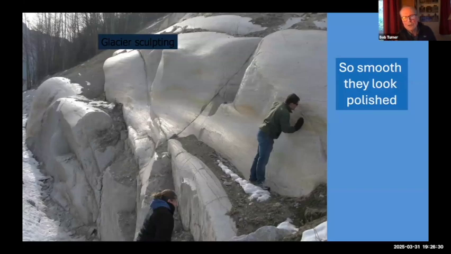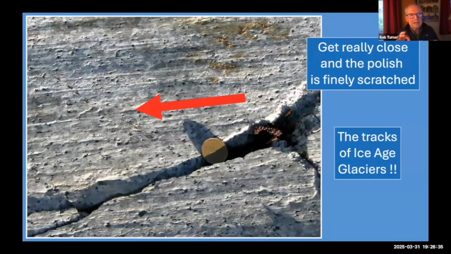And if you put your nose right where that guy's nose is, what you see is literally a polished rock that is scribed by parallel scratches. And those parallel scratches literally are the tracks of Ice Age glaciers.